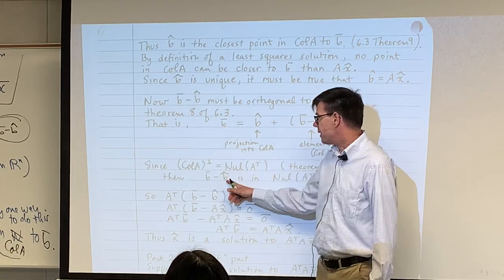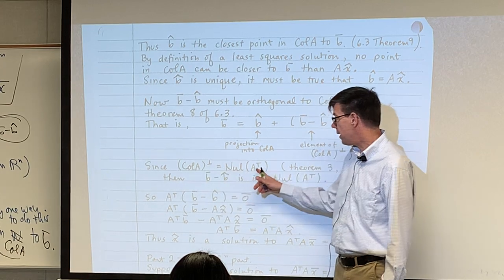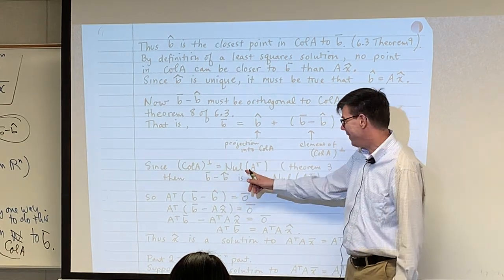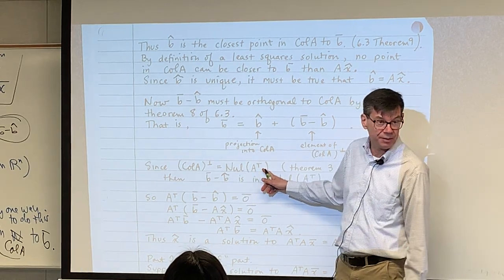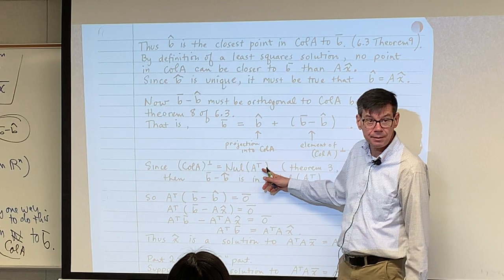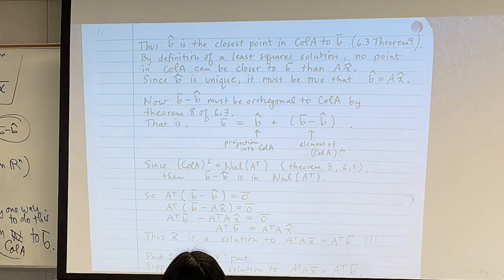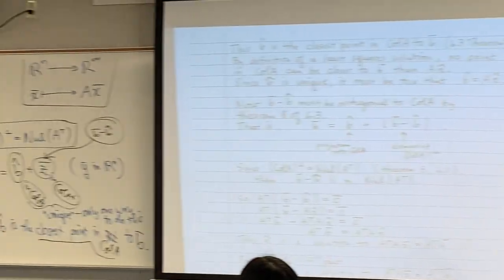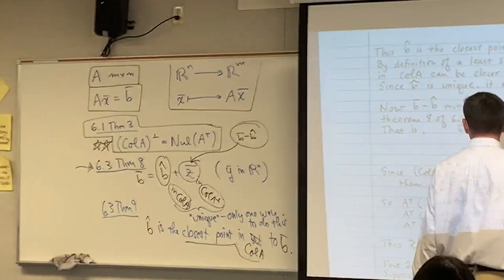But that is a result. We know B minus B hat is in the perpendicular complement of the column space of A, so here's the cool step, I think. That's just saying B minus B hat has to be in the null space of A transpose. And now we're just going to write down what that means. To me, this theorem is what's helping us make this equation work here.